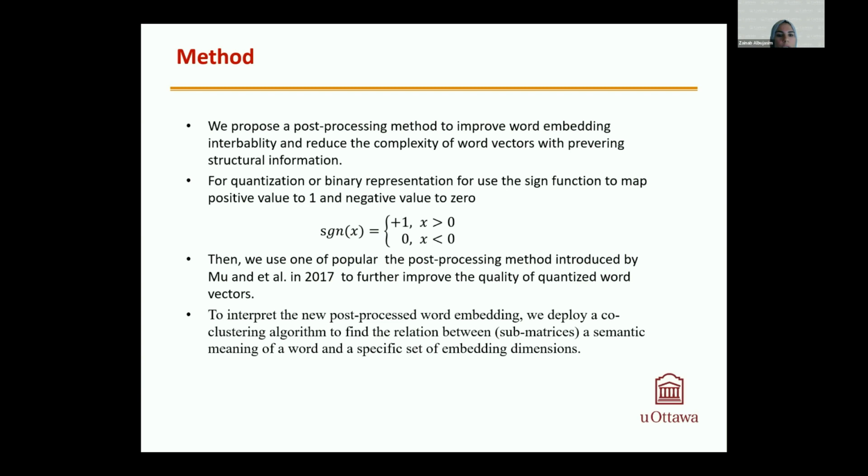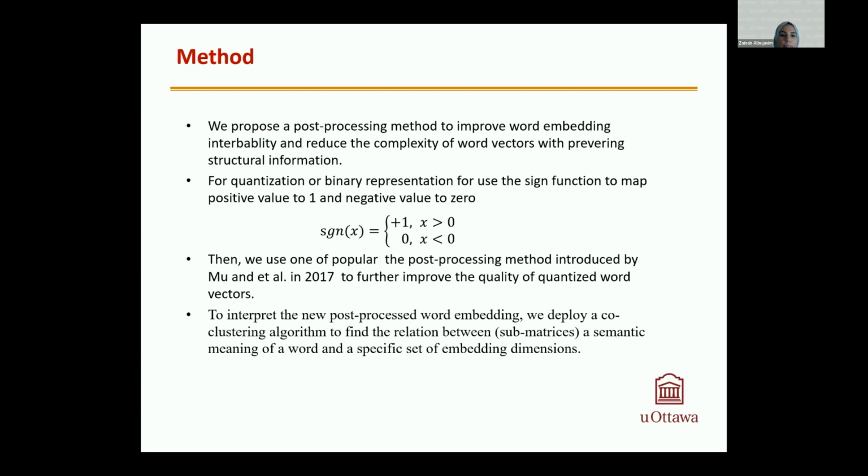After this step, we deploy a post-processing technique introduced in 2017 by Mu to further improve the quality of the binary representation. This post-processing technique is based on the empirical assumption that word embeddings share a large mean, and by removing the mean of word embedding, we can improve the overall quality, and also some of the features in the embedding space, such as the isotropy.